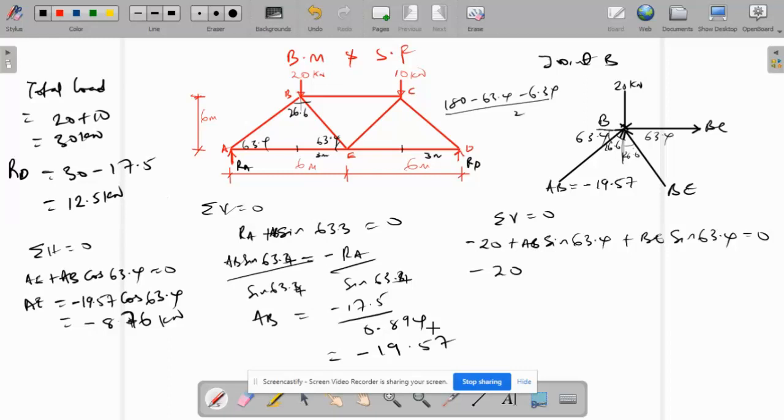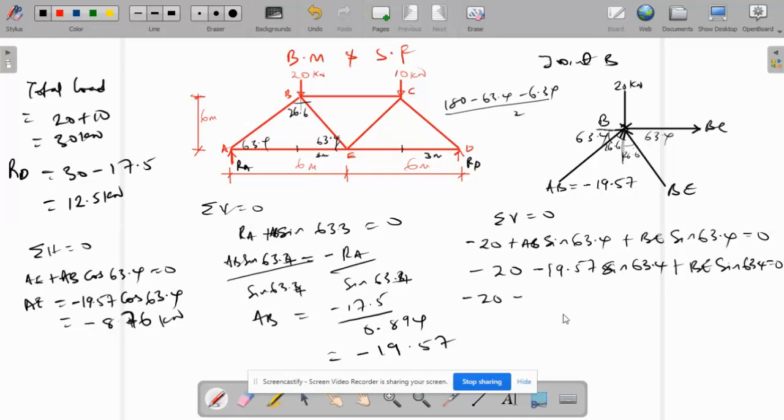So here we substitute. AB is minus 19.57. So we have minus 19.57 times sine 63.4 plus BE sine 63.4 equal to 0.